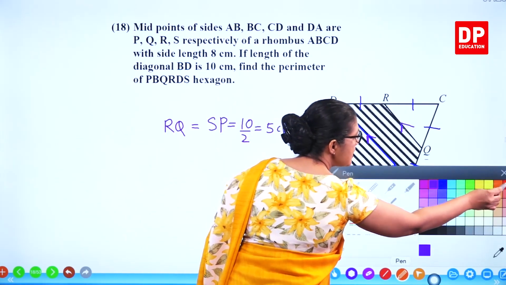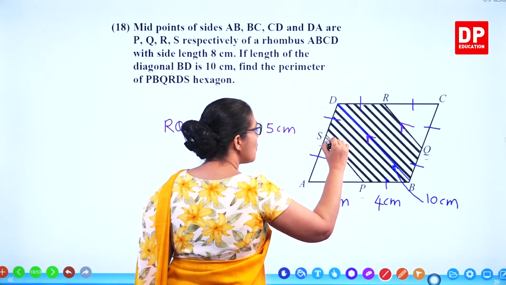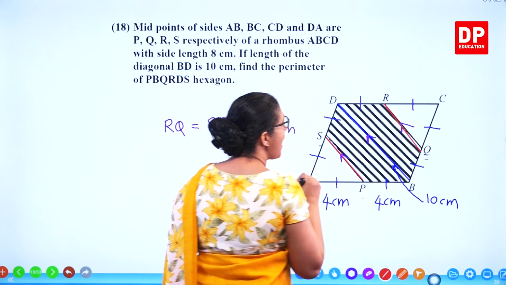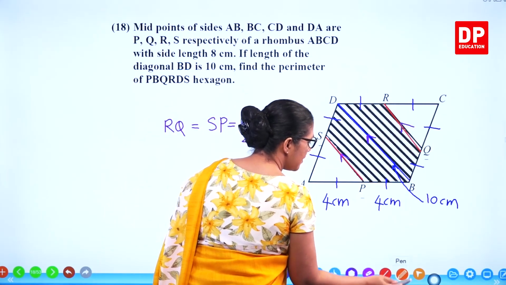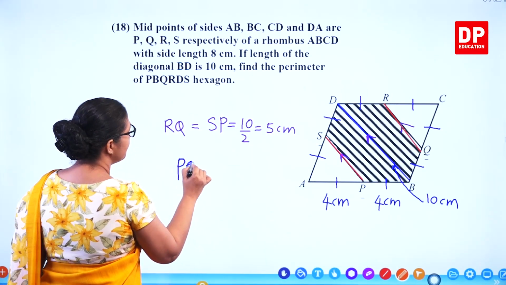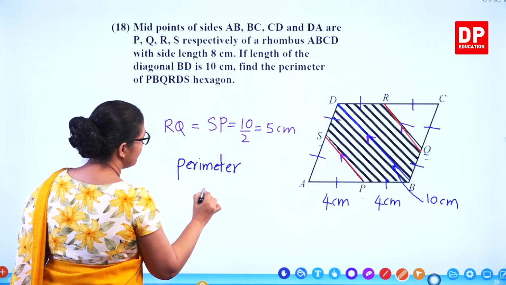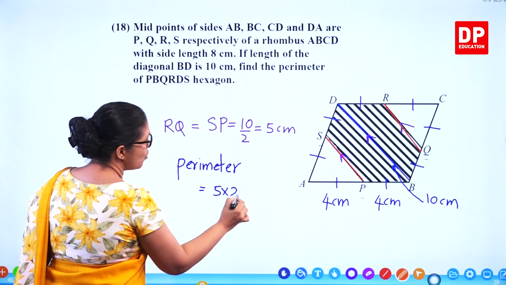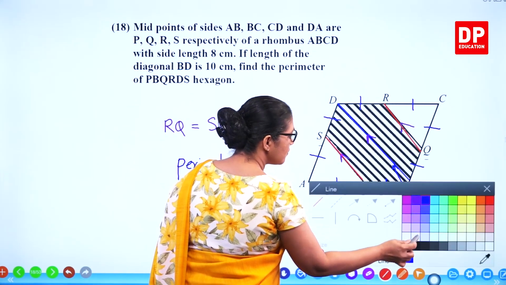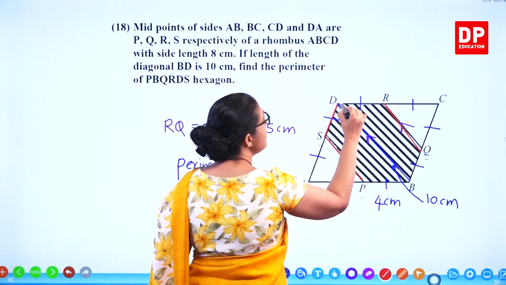So what's the perimeter? Outer length. So this is 5, 5. 5 twice. Five times 2. And then what about these lengths? This is 4. 1, 2.